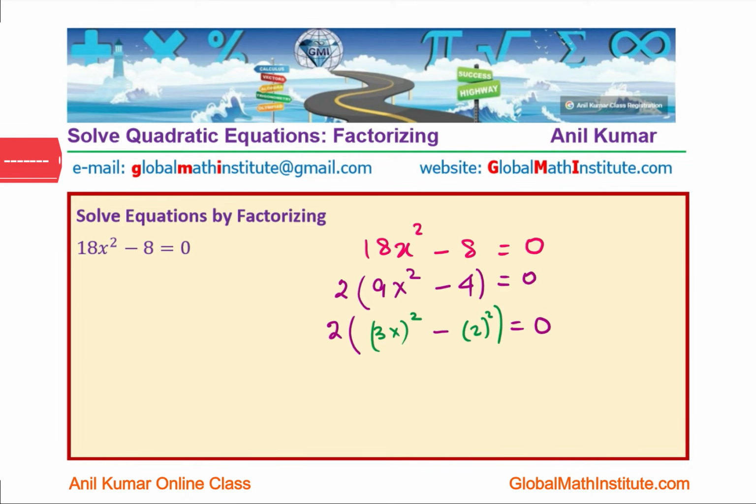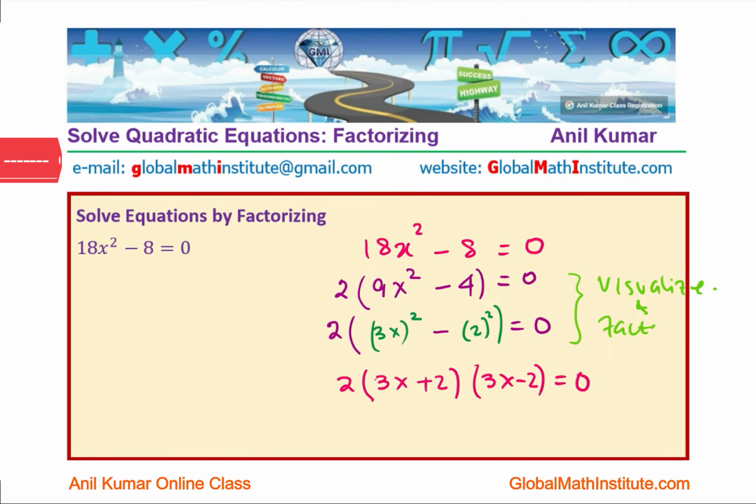So now you can use difference of squares, and therefore we could write this as 3x plus 2 times 3x minus 2 equals to 0. So do you see the thought process? So this is the thinking process. Visualize and factor. So you could go direct from here to there.